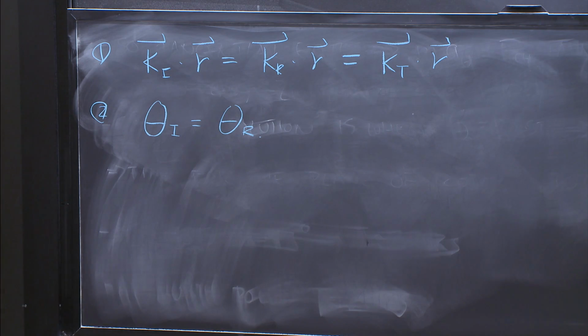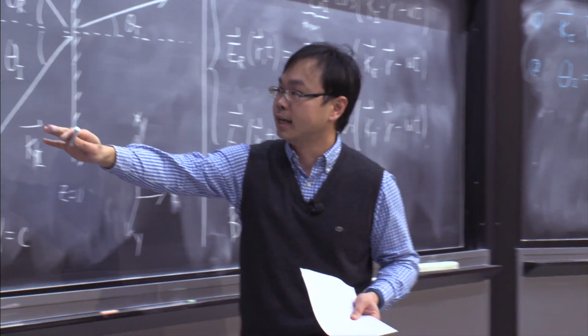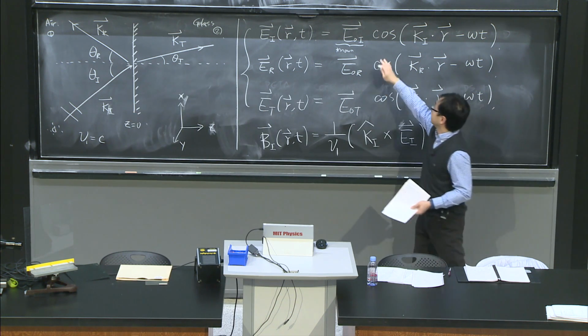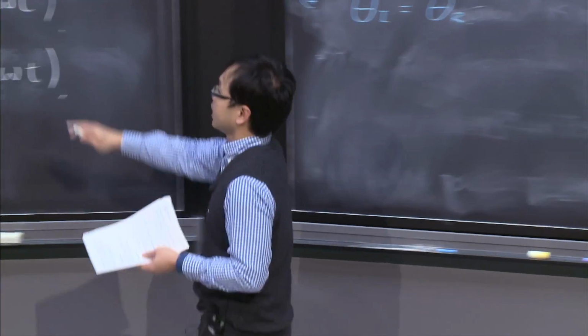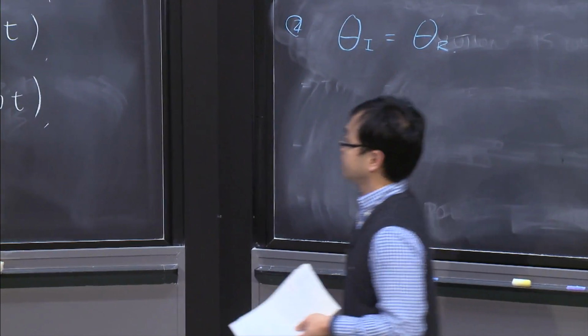Therefore, the matching between the left-hand side and right-hand side electric fields becomes much simpler, since they are just some E0 times a cosine of the functional form shown here.